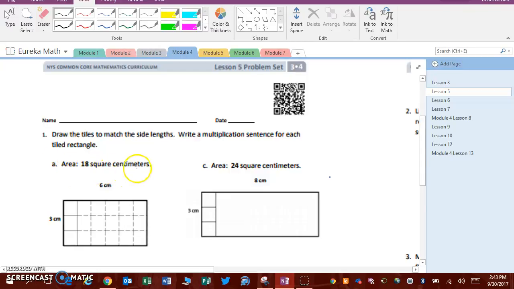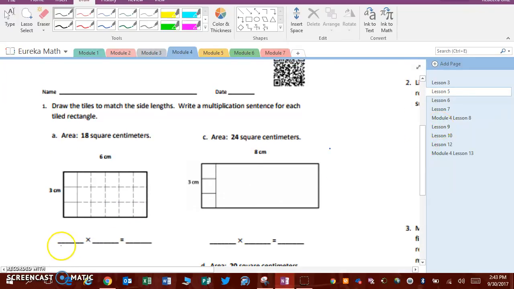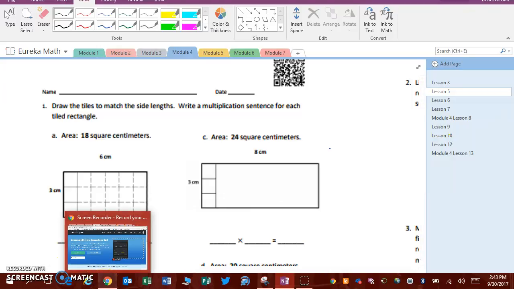Area 18 square centimeters. So what they're saying is that all these squares added up are 18 square centimeters, okay? And these dotted lines show where they added more tiles to show the 18 centimeters, all right? We now have to write a multiplication sentence.